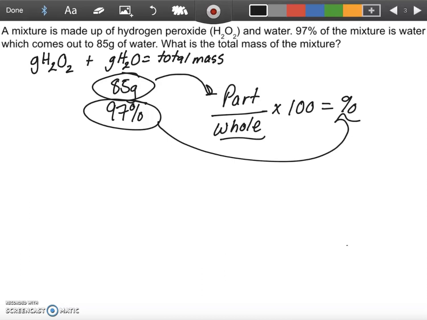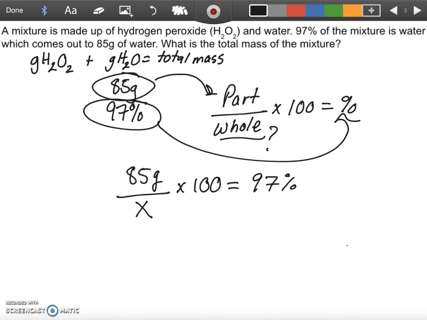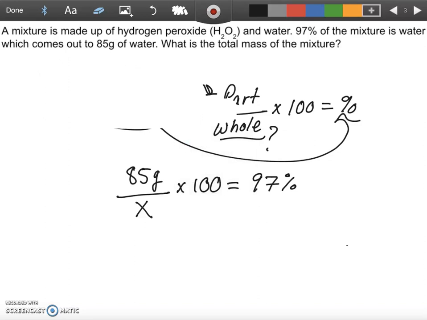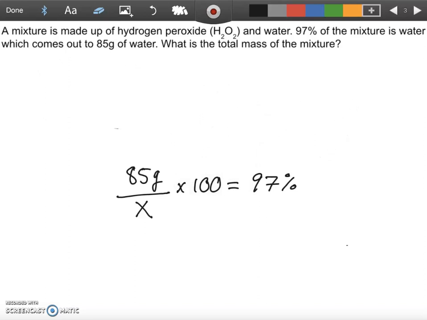That's just one variable, and we have everything else in place. So we can set this up in the formula such that 85 grams divided by the whole, the total mass, which we'll call x, times 100 is equal to 97%. We can now use this formula and a little bit of algebra to solve this problem. Now I'm going to erase some of the stuff up here and move everything up so that I have more room to work.